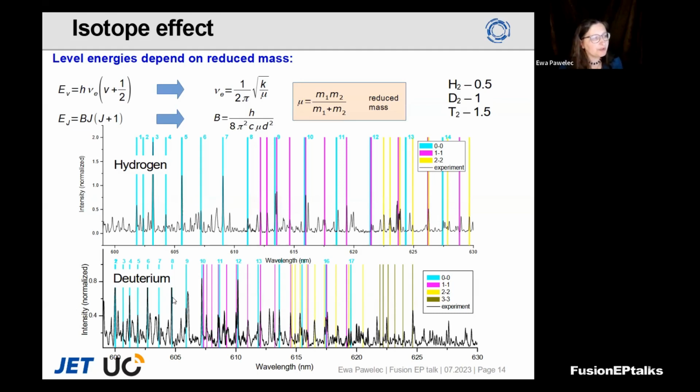But when you go to deuterium, and the same colors mean the same transition, you can see that the lines are twice denser in the deuterium case. So distinguishing if it is a hydrogen or deuterium molecule is very easy, because you see it simply, even if you have a spectrum which isn't highly dispersed. In tritium, it's even more. Tritium is even denser here.